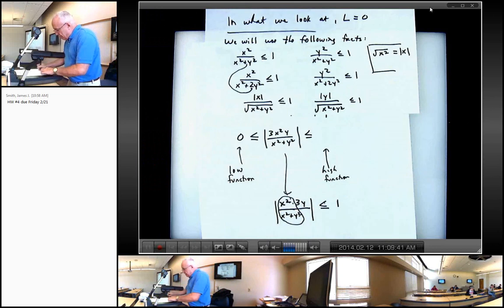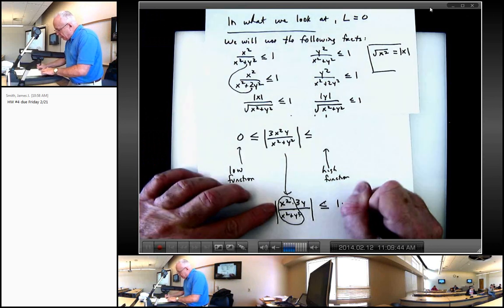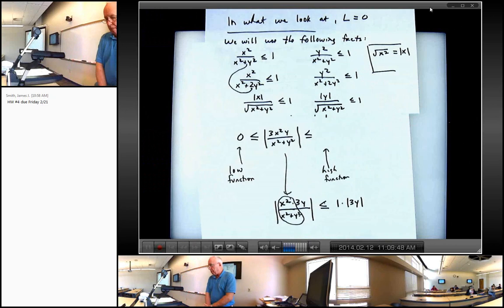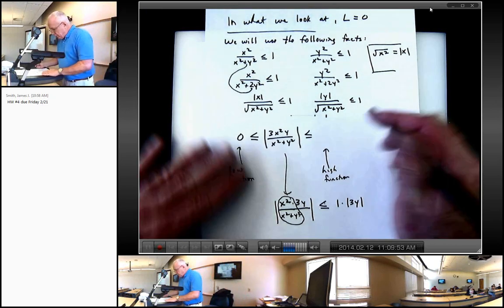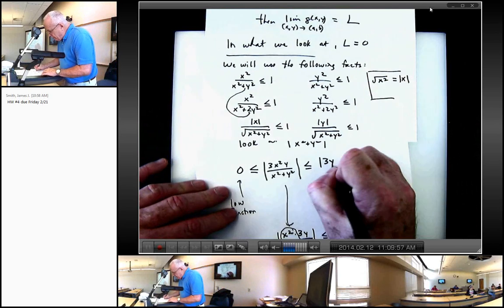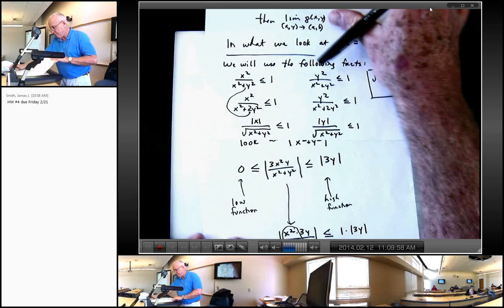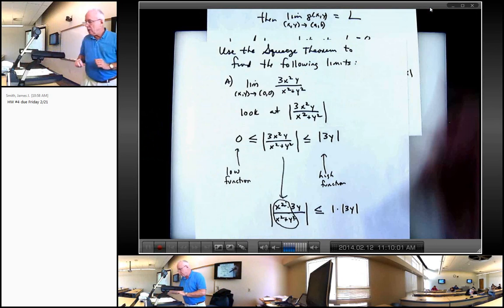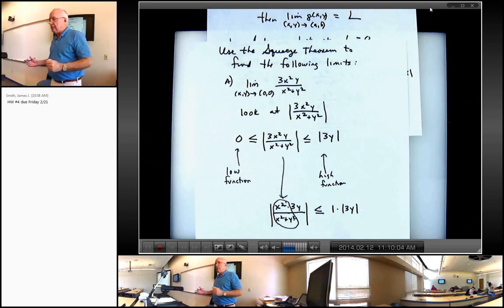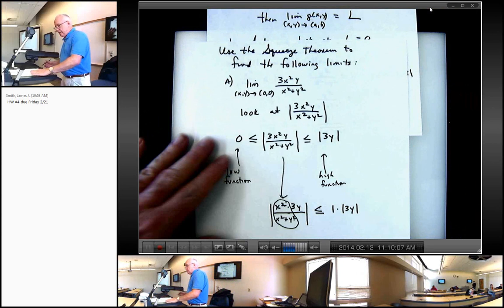And then we have, of course, the absolute value of 3y. So this is our top function then, the absolute value of 3y. Does everybody see how I got my low and my top functions here, using that inequality?